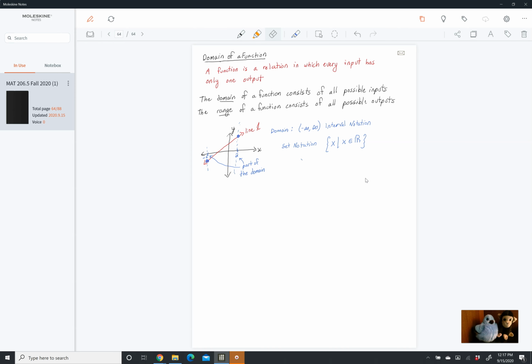So we say this as x such that, remember that's what that line is. It's like saying x except here are the restrictions. And it turns out that there are no restrictions, okay? So x is an element of, that's what that little e means, an element of.